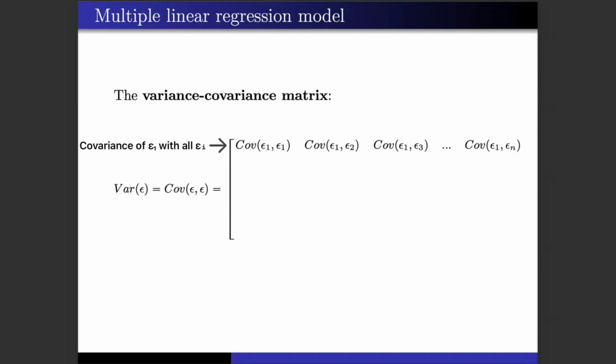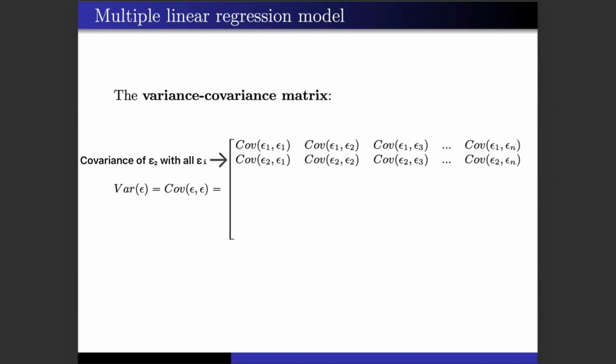In the second row, we would find the covariance of epsilon 2 with all of epsilon 1, epsilon 2, till epsilon n. Therefore, the first entry in the second row would be covariance of epsilon 2 with epsilon 1. The second entry in the second row would be the covariance of epsilon 2 with epsilon 2.